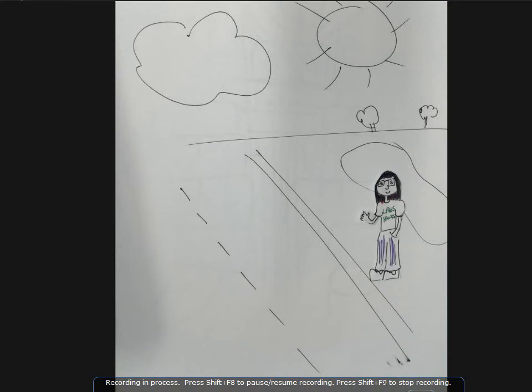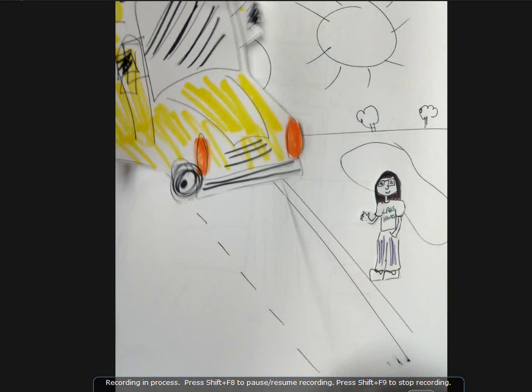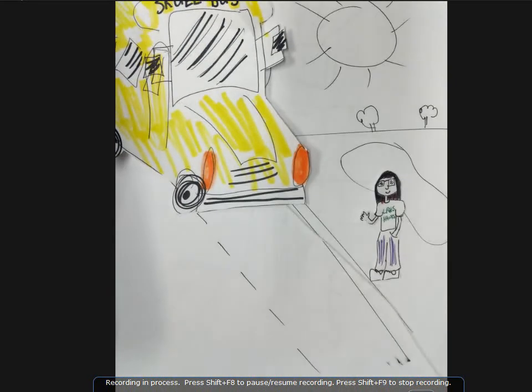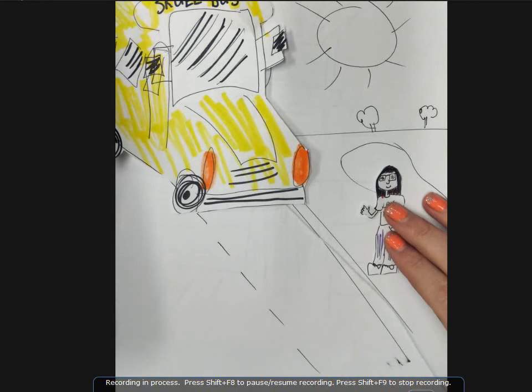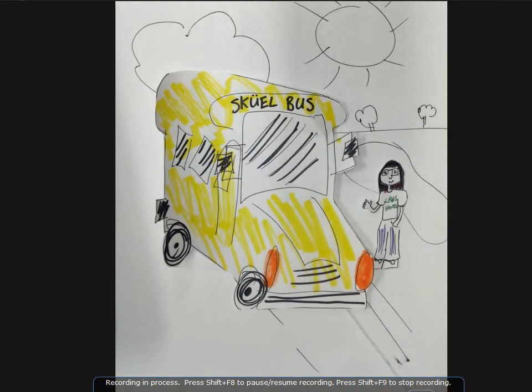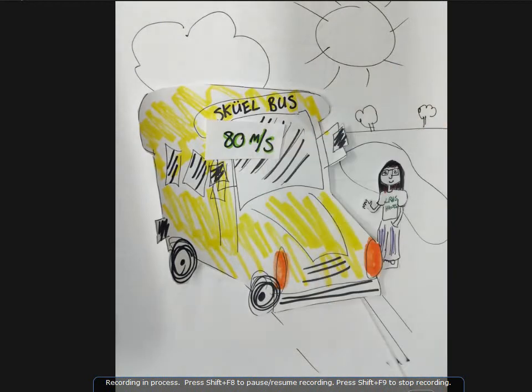And then you've got yourself a school bus. This school bus, if it's driving past you, has its own speed, and that school bus has a speed of 80 meters per second. And that 80 meters per second is compared to you standing on the side of the road where the school bus is riding by.